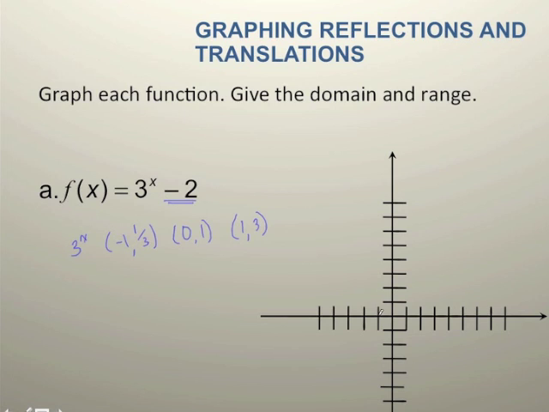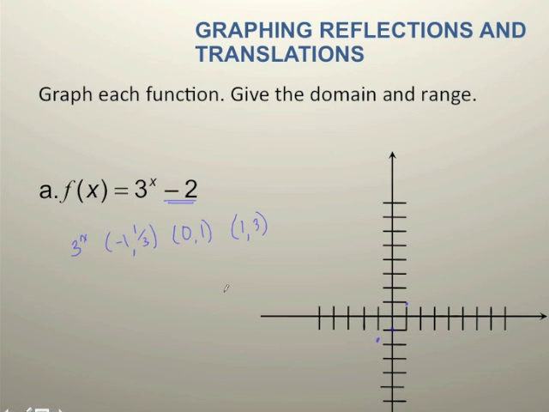So -1, 1/3 would be here, but move it 2 down. 0, 1 would be here, but move it 2 down. And 1, 3 would be here, but move it 2 down.